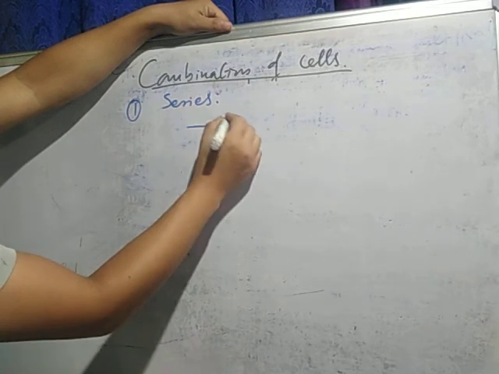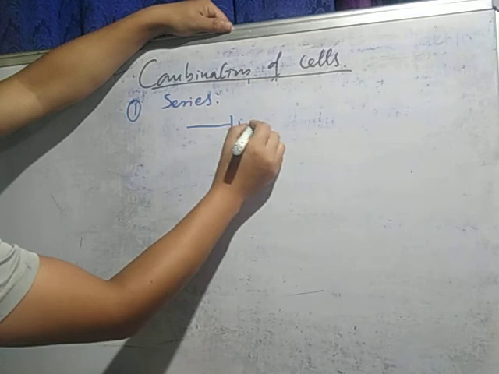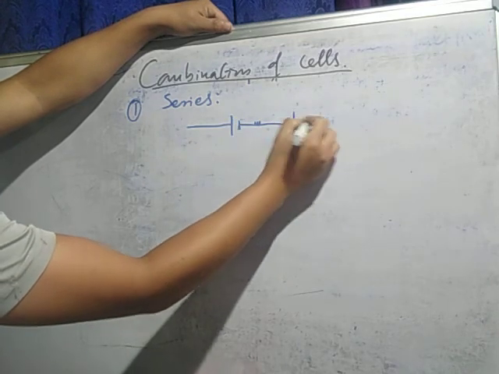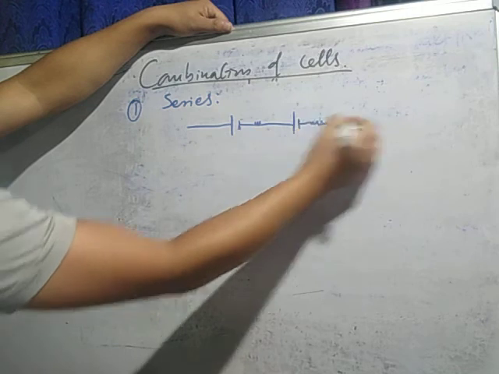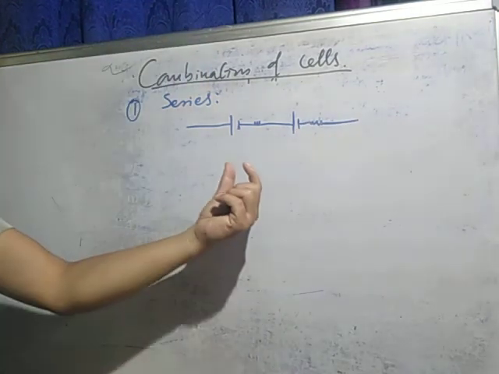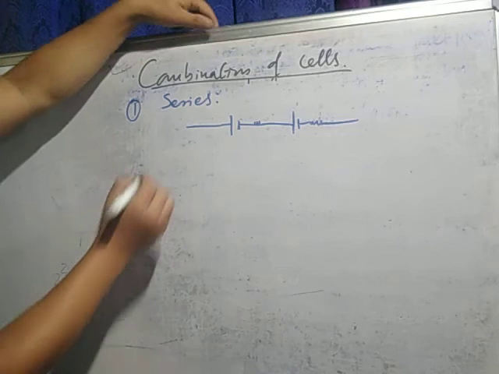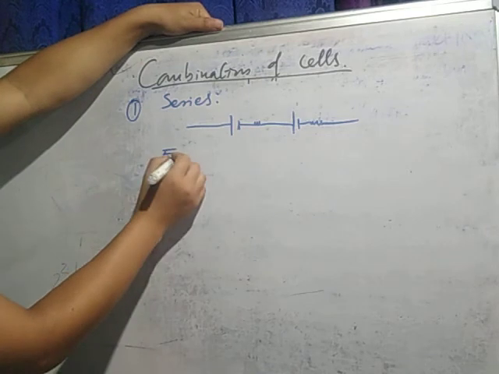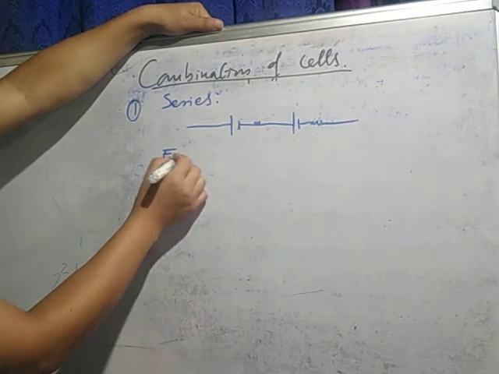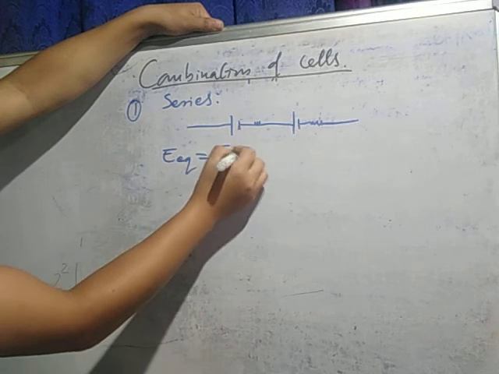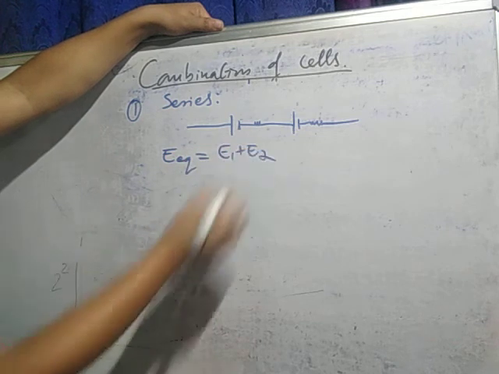These are the polarity. This is positive, this is negative, and this is the internal resistance of one cell, and another cell. This type of combination is called series combination. Equivalent EMF is given by E1 plus E2, right?